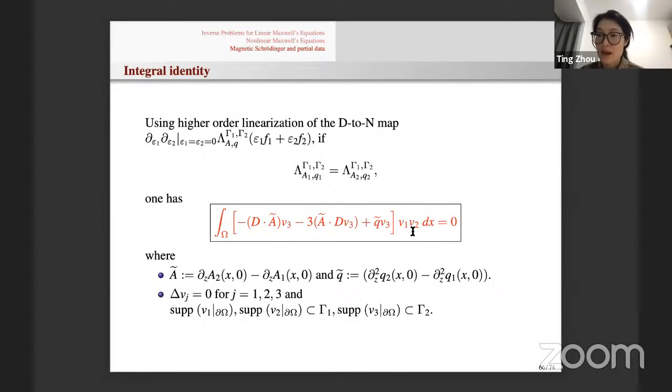If you have the full spectrum of frequency information, maybe you should expect better stability. But that doesn't depend on whether it's linear or nonlinear equations. Okay, thank you.